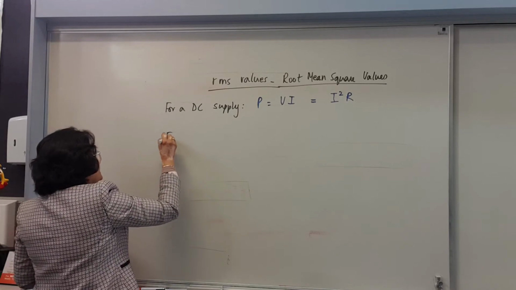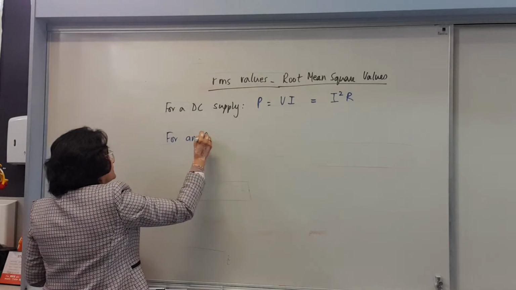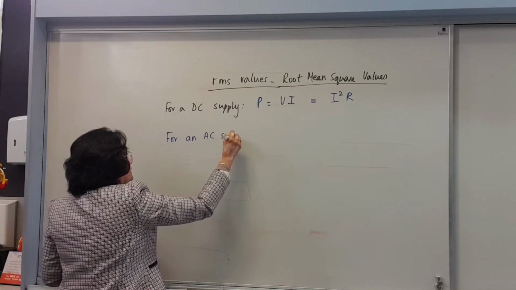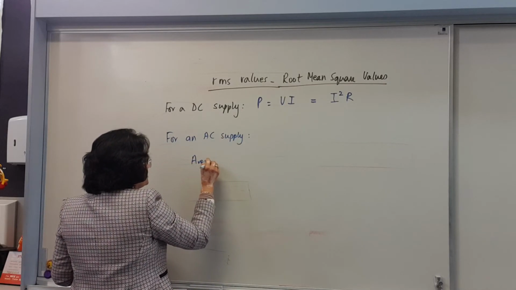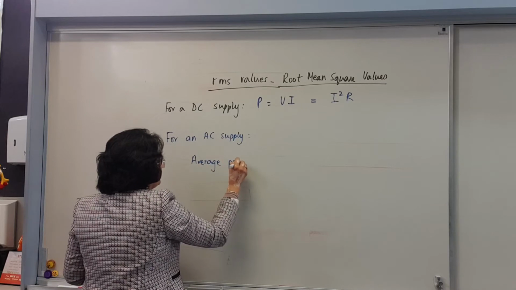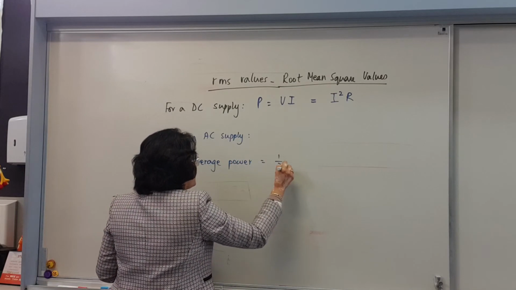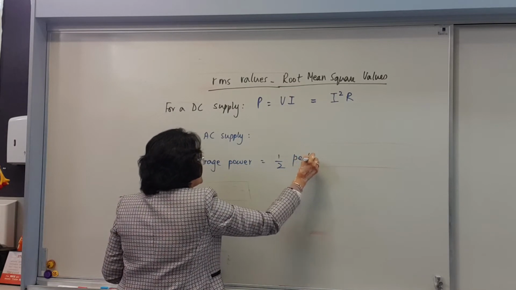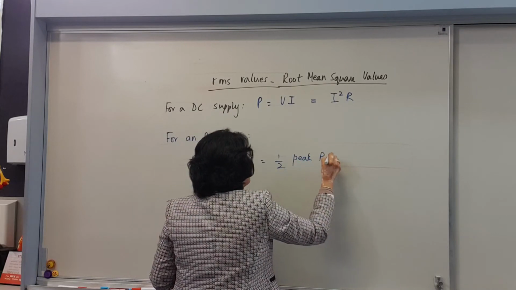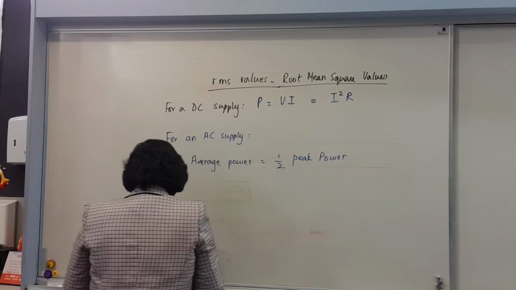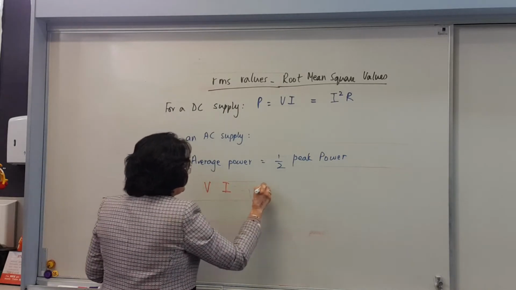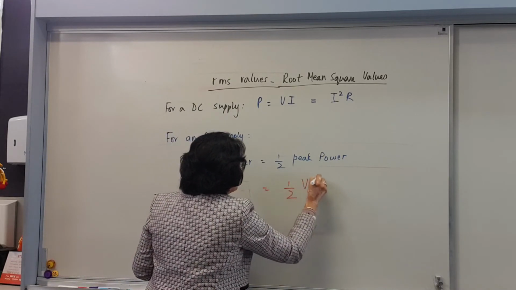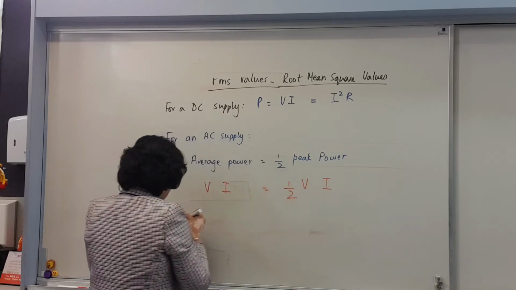For an AC supply, your average power is equal to half peak power or maximum power. Okay? Now your average power is V times I, and that's equal to half V times I, but we've got to put something here.